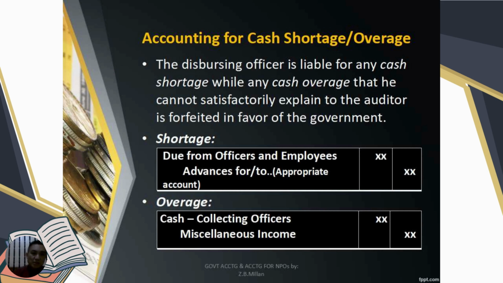Accounting for cash shortage or overage. The disbursing officer is liable for any cash shortage, while any cash overage that he cannot satisfactorily explain to the auditor is forfeited in favor of the government.